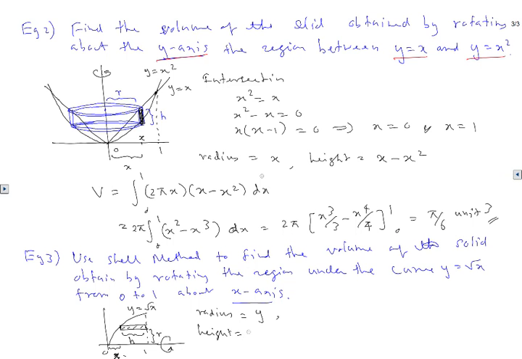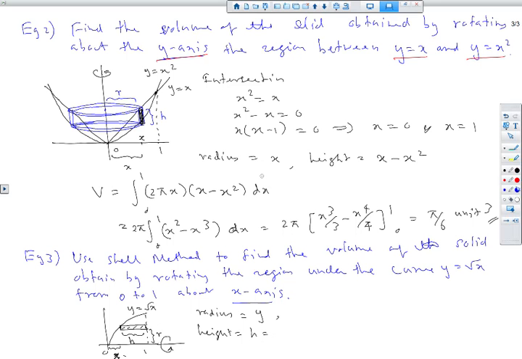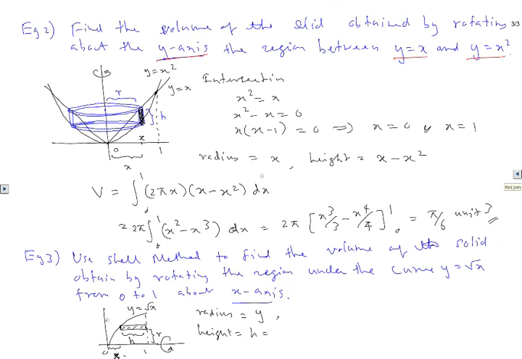Height is h, but what is that? The total length is 1, but you have to subtract x from that, so it is 1 minus x. What is x according to the curve? Because y equals square root x, x equals y squared. So it is 1 minus y squared.